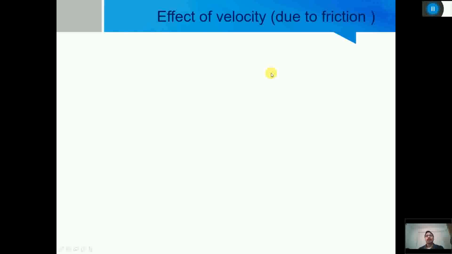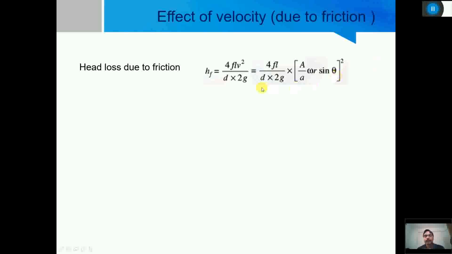Now see the effect of velocity due to friction. Head loss due to friction, as we know, whenever any fluid is moving, there must be frictional loss, and frictional loss can be represented by the Darcy formula, that is Hf equal to 4 f L V square by 2 g d. And here we already have calculated the velocity of fluid in the pipe.